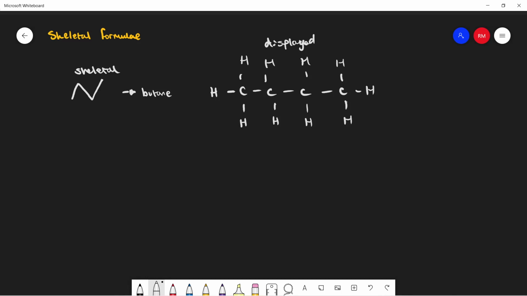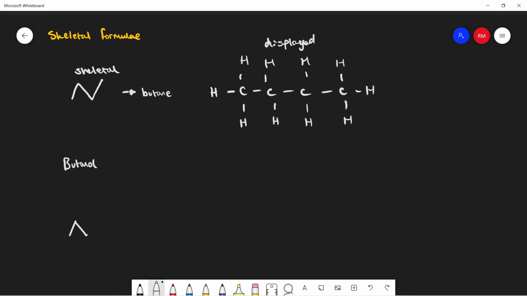Now, an important thing to remember when using skeletal formula is that any functional groups are displayed. They're the only atoms displayed, the important functional groups. So say we have butanol.